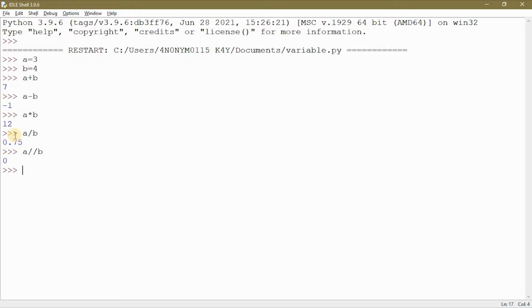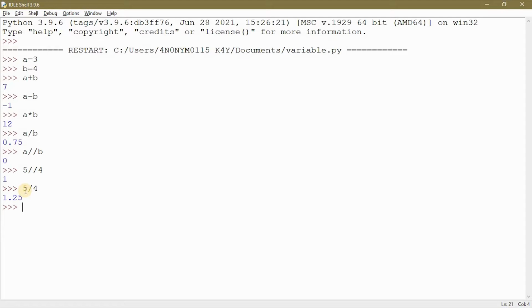The floor division ignores the remainder, it just gives us the actual whole number. Let me use 5 floor divided by 4. You can see 5 divided by 4 will give us 1.25, but in the floor division it will ignore the decimal point.